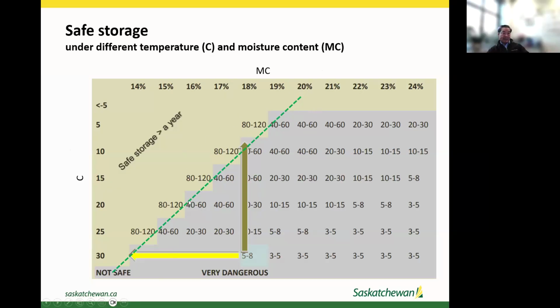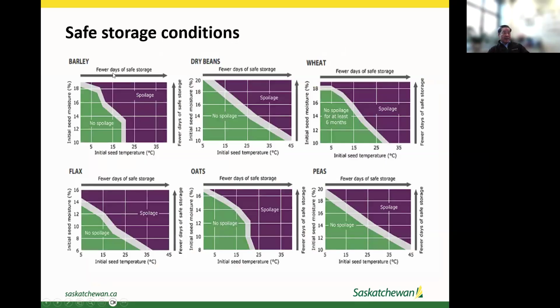This is the line. Dividing this part is the safe storage area, and on this side is unsafe. So for each of the crops, the storage conditions are different. This is the barley, and if you look at this diagram, it's slightly different from that.